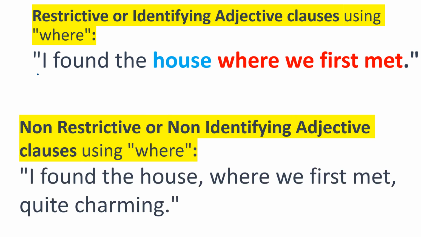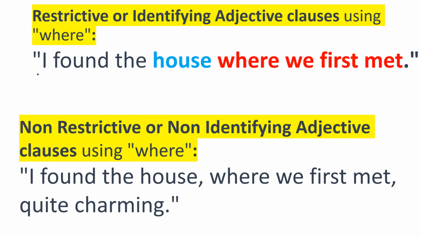A non-restrictive or non-identifying adjective clause is not essential to the meaning, and we separate the adjective clause by commas from the rest of the sentence. For example, in the sentence, I found the house, where we first met, quite charming.